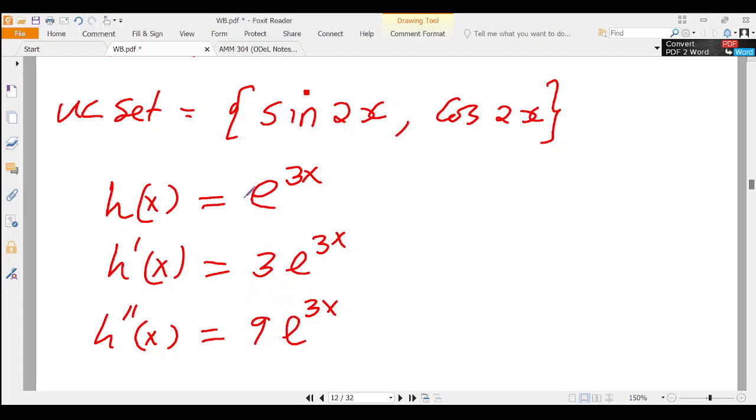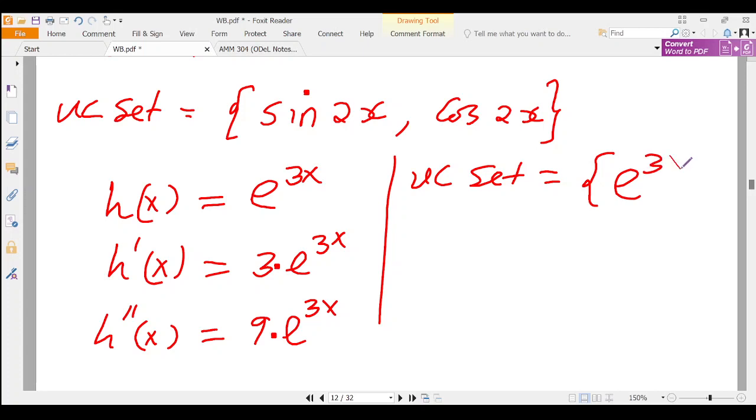So we can identify the UC function here, which is e raised to power 3x. In the derivative, we have again e raised to power 3x, the UC function, multiplied by the constant 3. The second derivative, we have again e raised to power 3x, multiplied by a constant, which is 9. So the UC set here consists of only one function, which is e raised to power 3x.